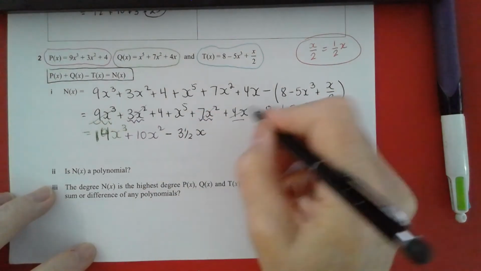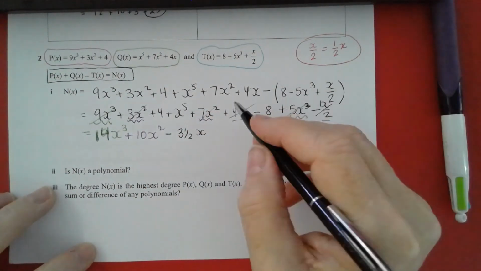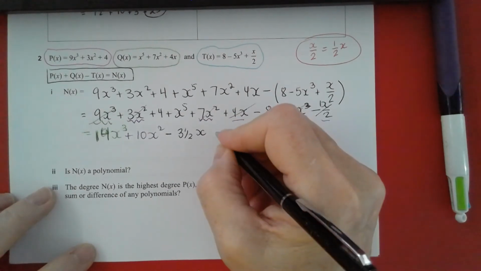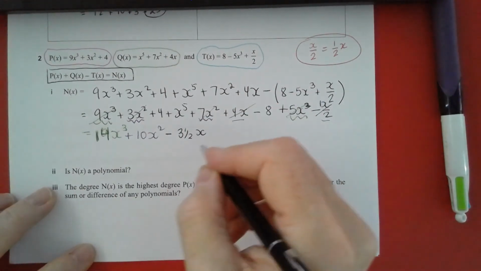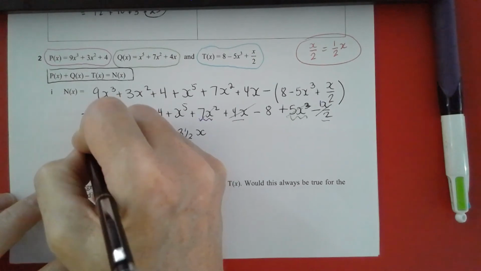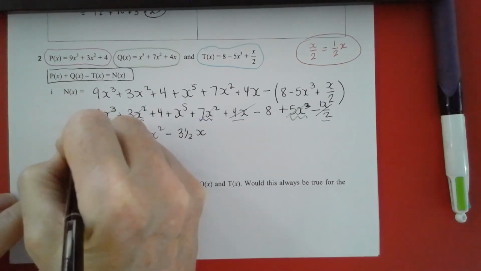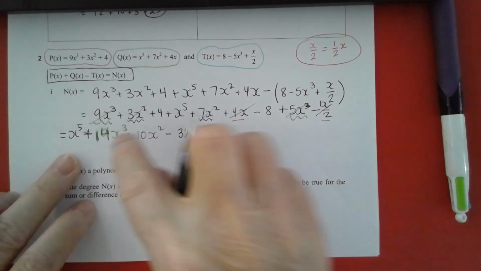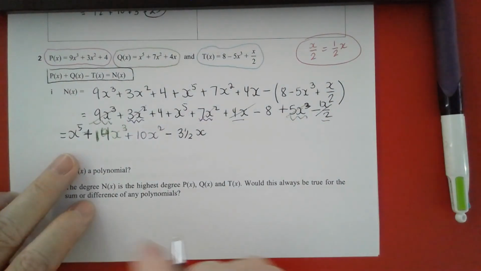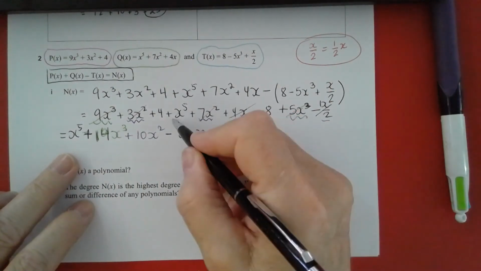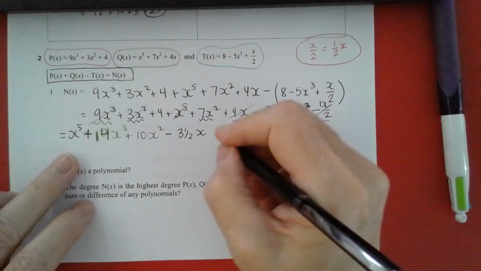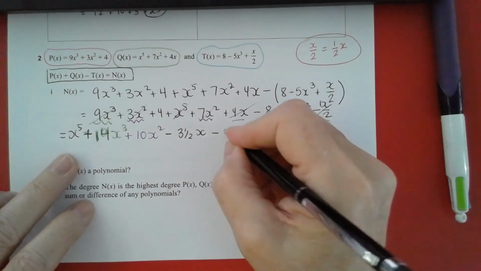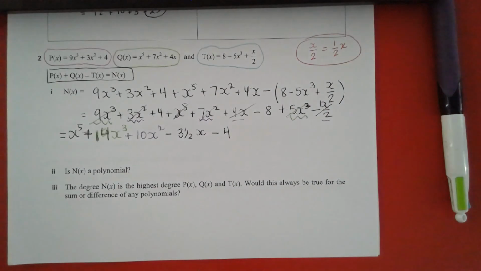So that's gone. I have an x to the 5th sitting there. I should have put that right in the front. You don't want me to do that, do you? I'm going to. Does it matter? No, it doesn't matter, but I like it in descending order. It's easier for me to see. So I'm doing it like that. And a constant term of -4. And that's it.